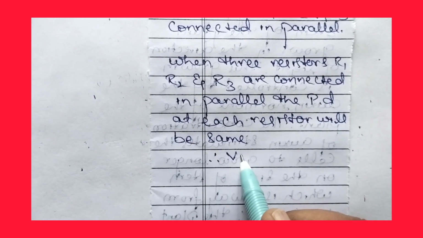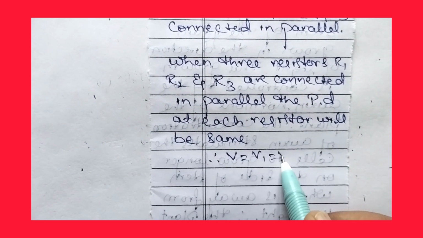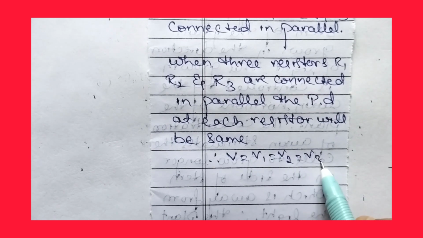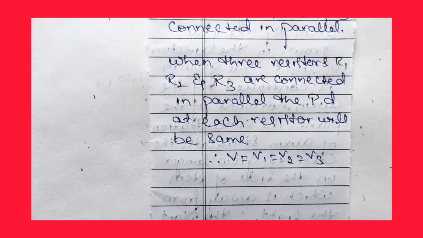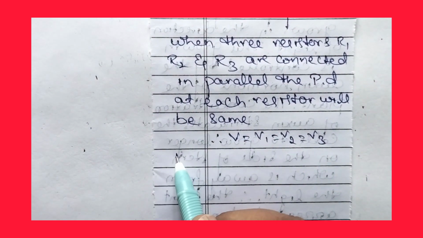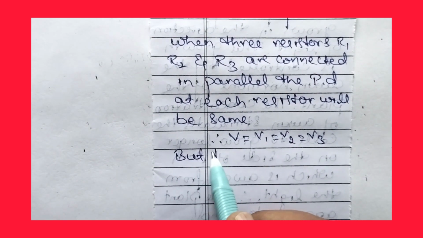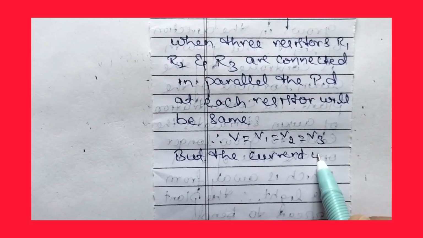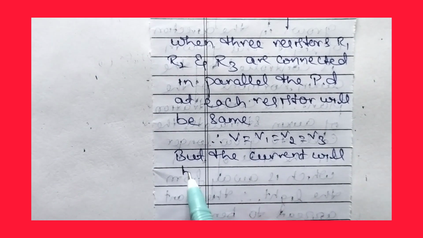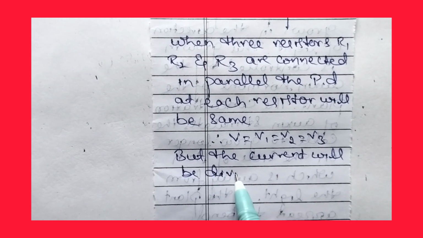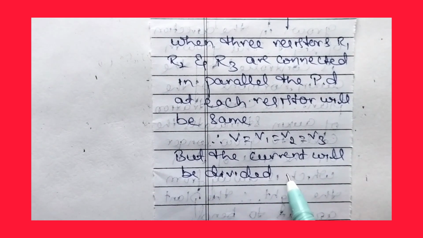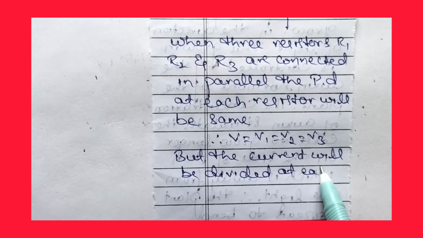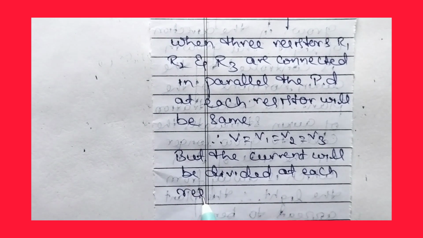Therefore, V is equal to V1 is equal to V2 is equal to V3. So voltage will be the same at each resistor, but the current will be divided at each resistor.